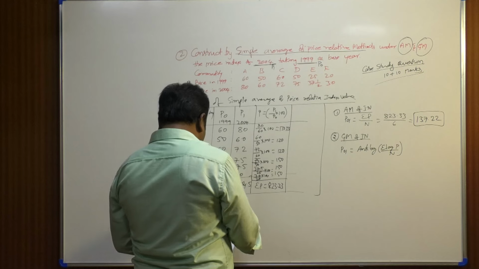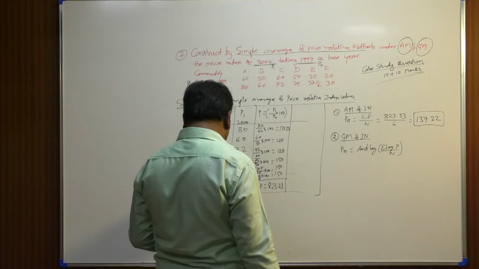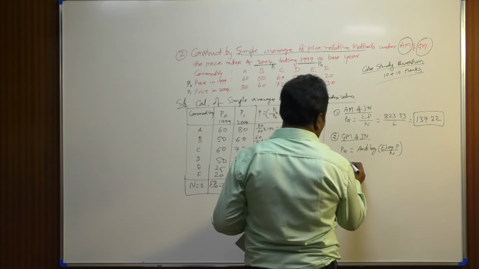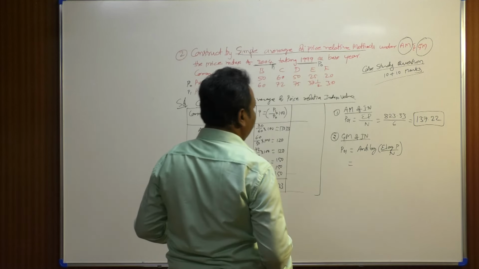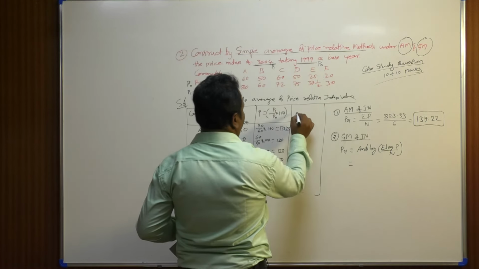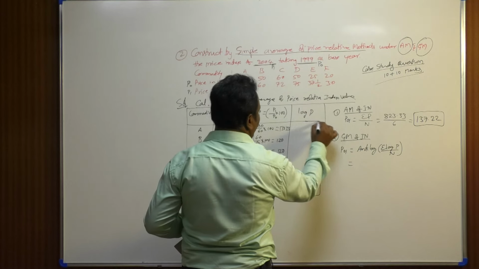So antilog of sigma log p divided by n. Here log p has to be calculated.